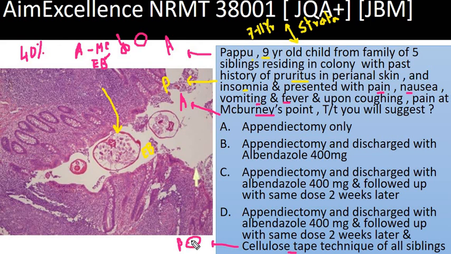In that case, if there is a finding pointing towards appendicitis, we'll do the appendectomy, or in case there is presence of the eggs but without any finding pointing towards appendicitis, we will give the albendazole to eliminate the infestation.